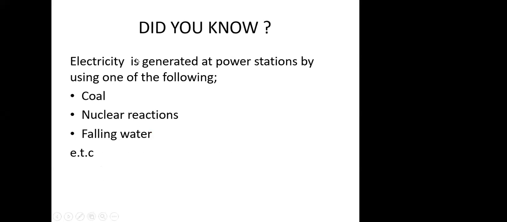Anyone to tell me? If we have generated it at a power station, are there any power stations around the country that we can use as an example? Anyone who knows any power station around the country?